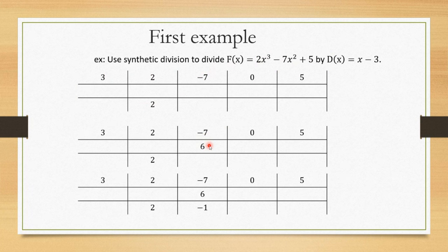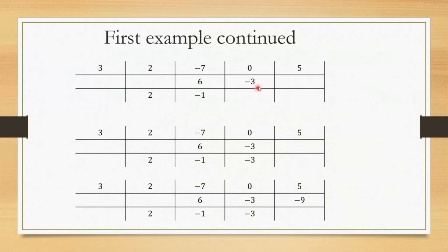Then negative 7 plus 6 is negative 1, as you can see. Now you're going to do the process again. 3 times negative 1 is negative 3. That's going to go in the next entry. Add, you get negative 3 down here, and do the process again.